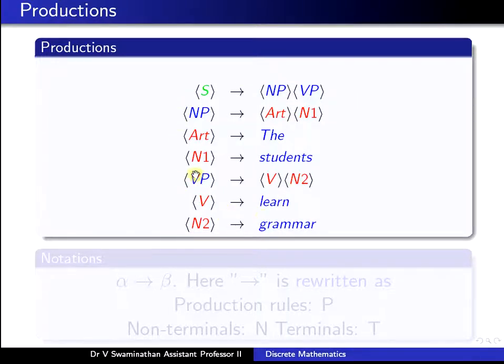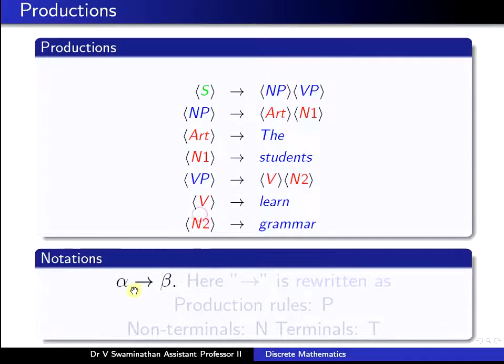All these objects are in the form alpha gives beta or alpha produces beta. We use this symbol to denote rewritten as.